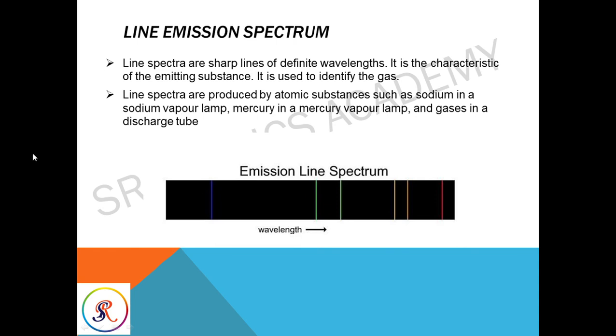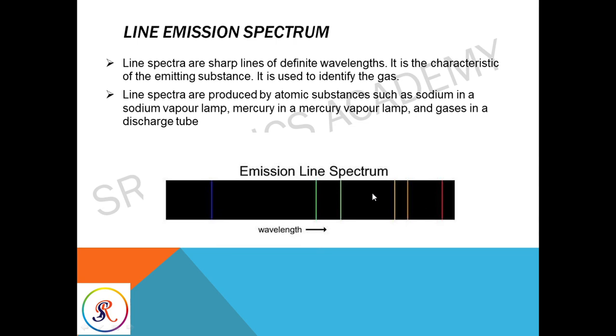Next, line spectra. Look at this: sharp lines at definite wavelengths. When we see a particular wavelength, we can say that it is a line spectrum. From violet to indigo, blue, green, whatever the colors, each line has a different wavelength.